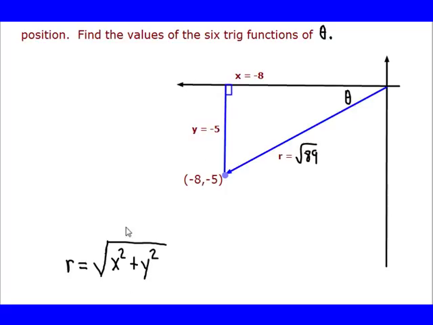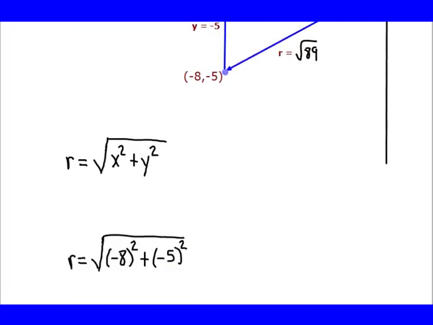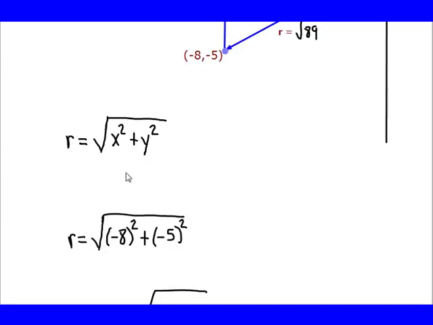So we take those values of x and y. In place of x, we substitute negative 8, so negative 8 squared, plus in place of y, we substitute the negative 5. We square it.